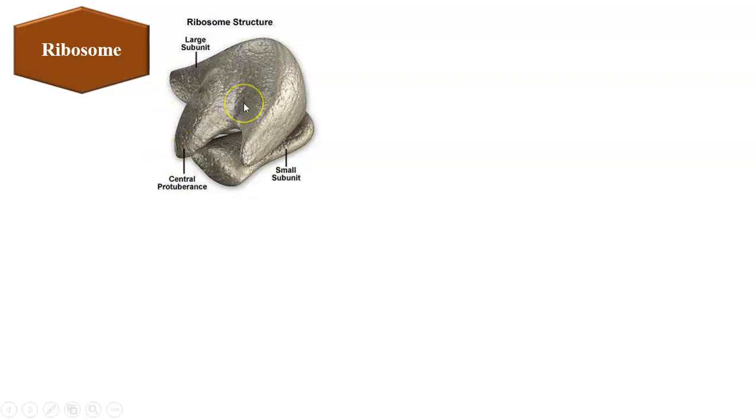Each ribosome contains larger and smaller subunits. These subunits occur initially separate in the cytoplasm. Only during protein synthesis, these two units get associated together with the help of magnesium ions.